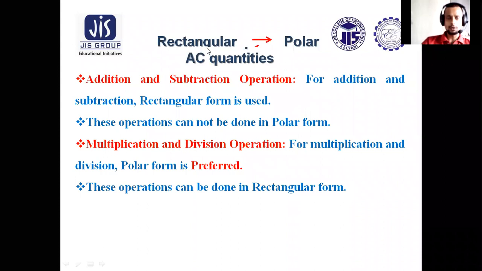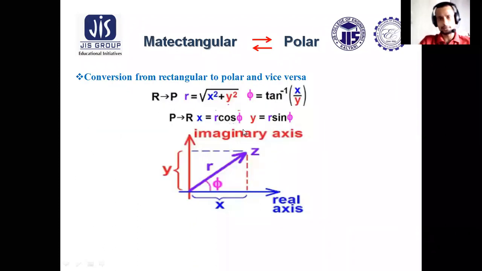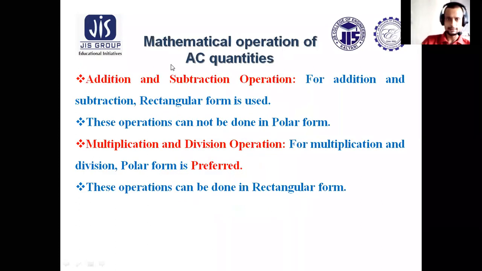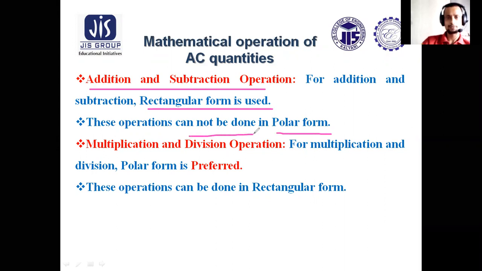Now what we discussed was rectangular to polar or polar to rectangular conversion. Why this conversion is needed will be discussed in this slide. See, there are four basic mathematical operations: addition, subtraction, multiplication, division. For addition and subtraction, rectangular form is used. Remember, for addition and subtraction, polar form cannot be used.